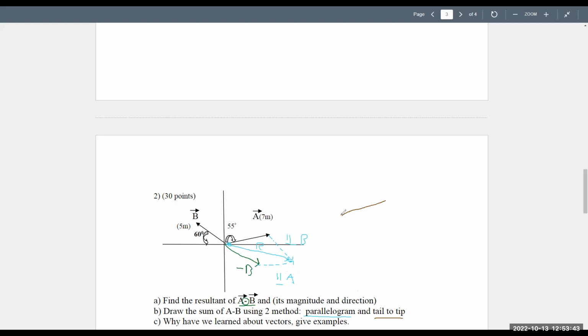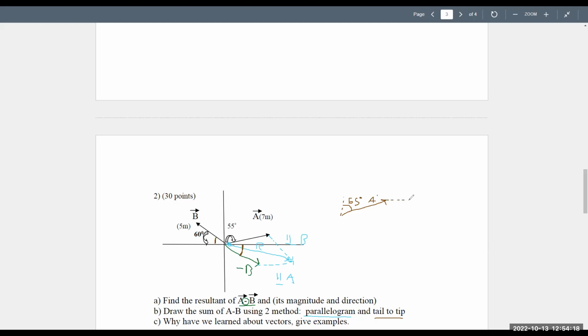I like to just add the angles. Right, this is A. And then you have B, which would normally go out this way, 60 degrees, right? But it's going down that way instead. So note that this angle is the same as this angle.